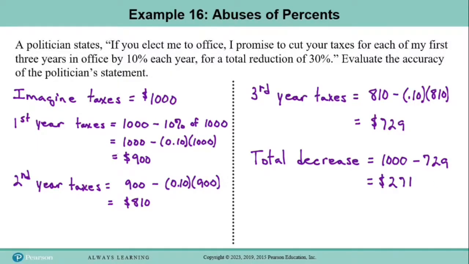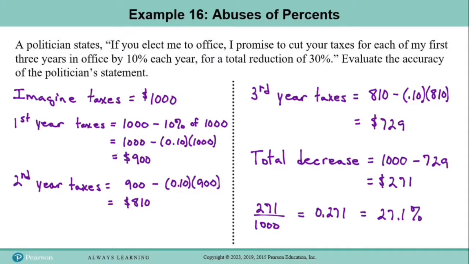That would be a $271 decrease. And then the percent would be this 271 divided by the number we started with, which is 1,000. And so that would be 0.271, which is a 27.1% decrease. Not the 30% that he promised.